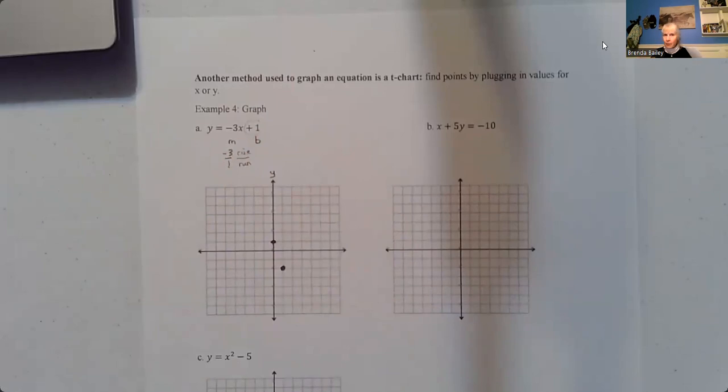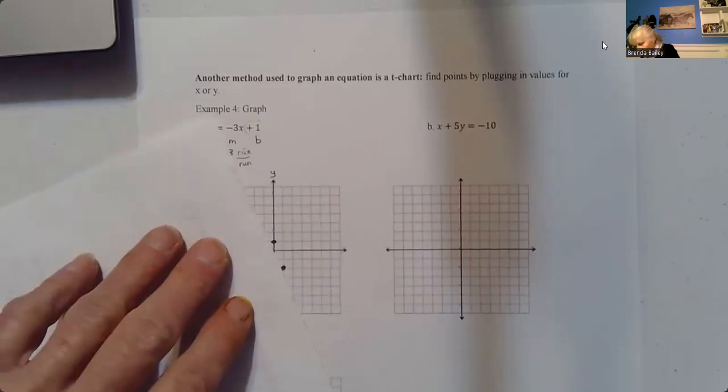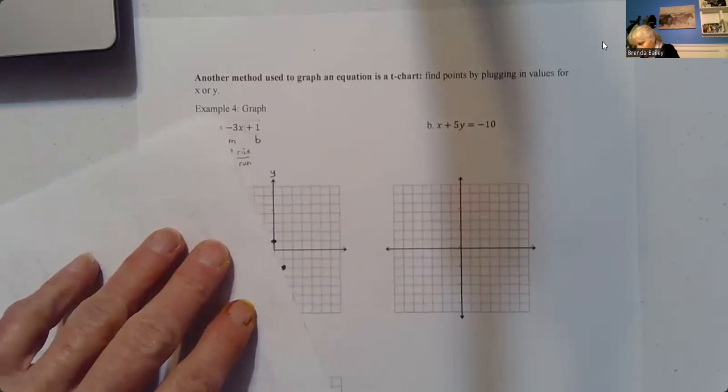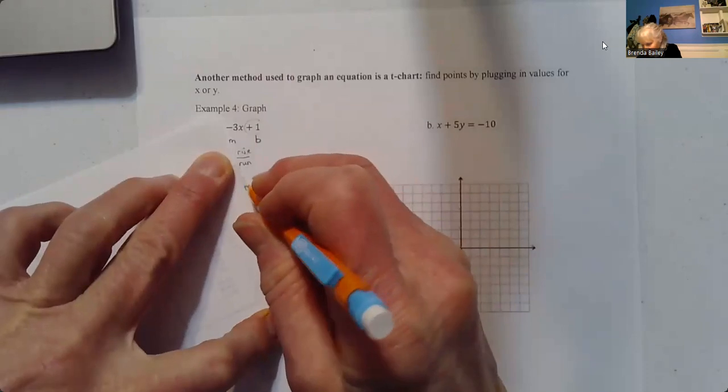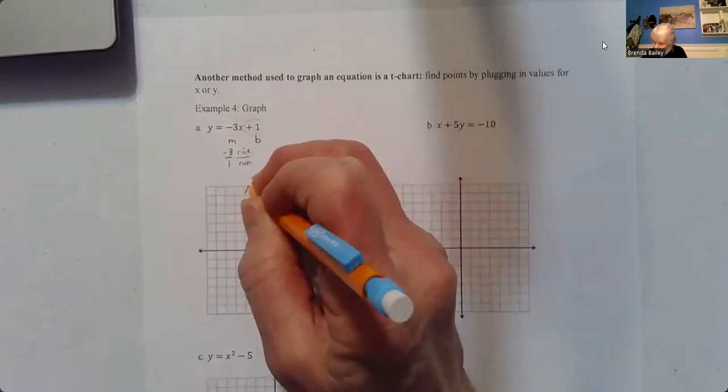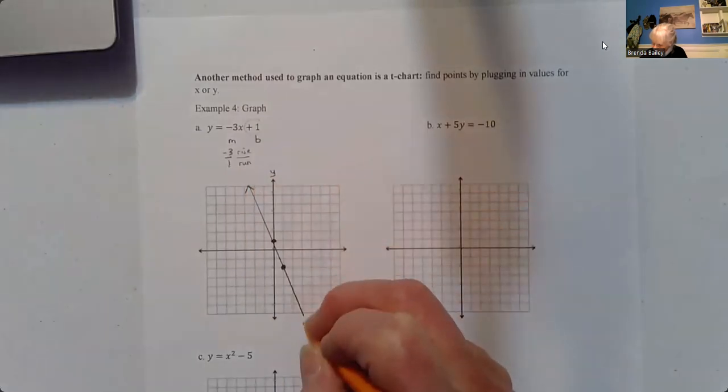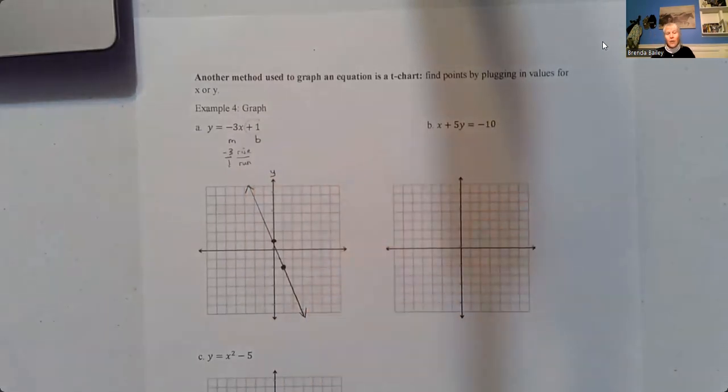You could pick a point and put it in for x and y, and it would work. So that is one method for graphing. Okay. So that is using the slope-intercept form of the graph.